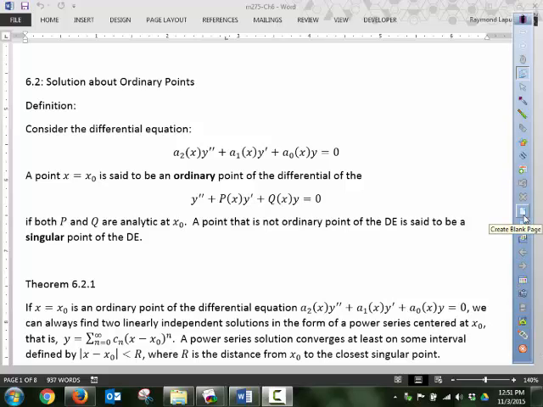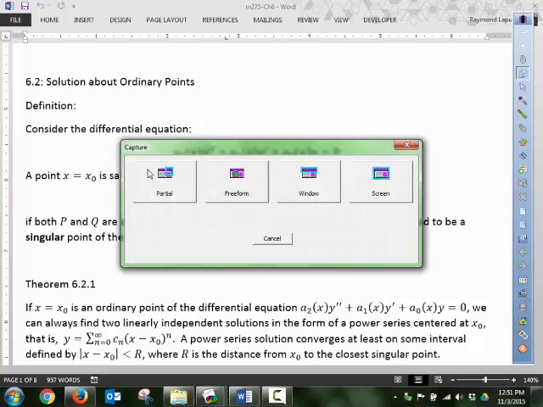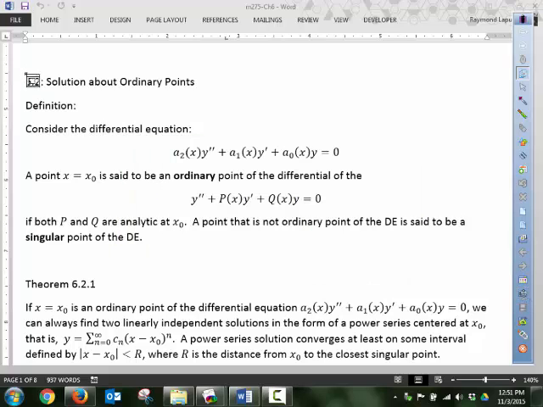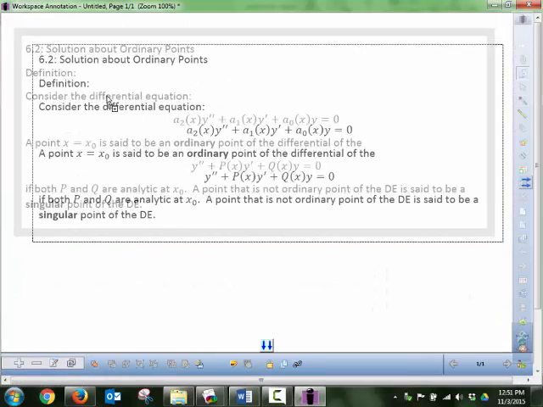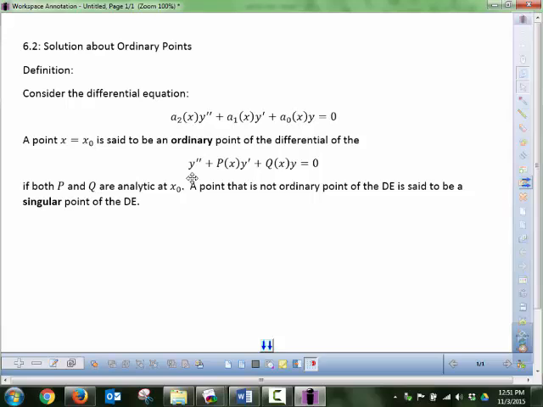So let's dive into a couple of theory discussions about power series. And here's a definition. An ordinary point is essentially a nice point.